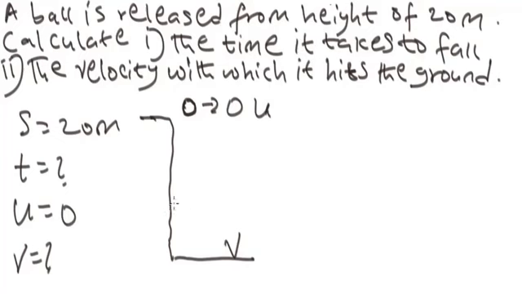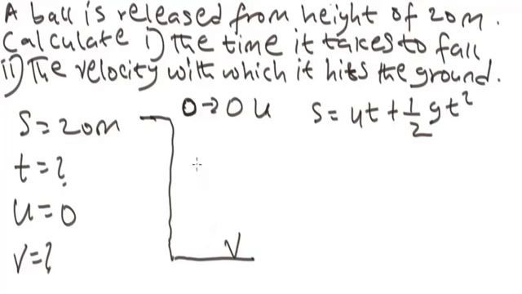Remember, this is a motion under gravity, so we have time, we have u, and we don't have v. That means we're going to apply s equals ut plus half gt square, since the ball is falling, it's going down, it's responding to gravity.